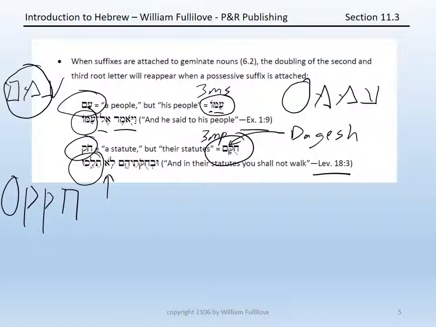Lo is the negative particle, and then we have the vav, and, attached to this prepositional prefix, ba, and then the form hukotehem. Hem is the possessive suffix, third masculine plural, there. So, and in their statutes, the construct form of hok in the plural.